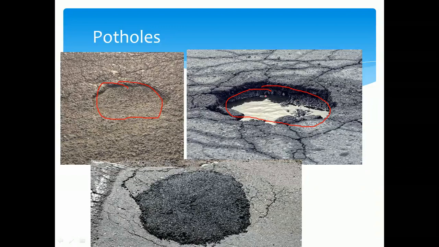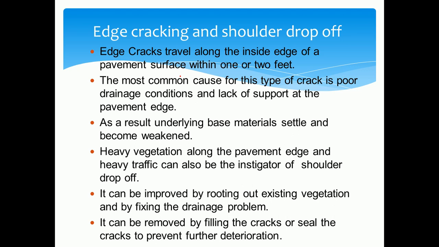So that is repaired or maintained by filling up the pothole with asphalt or bituminous concrete. This is how we repair potholes and patches. And sometimes we fill up the cracks also using bituminous emulsion. So this is how we maintain the road surface with the different types of failures.